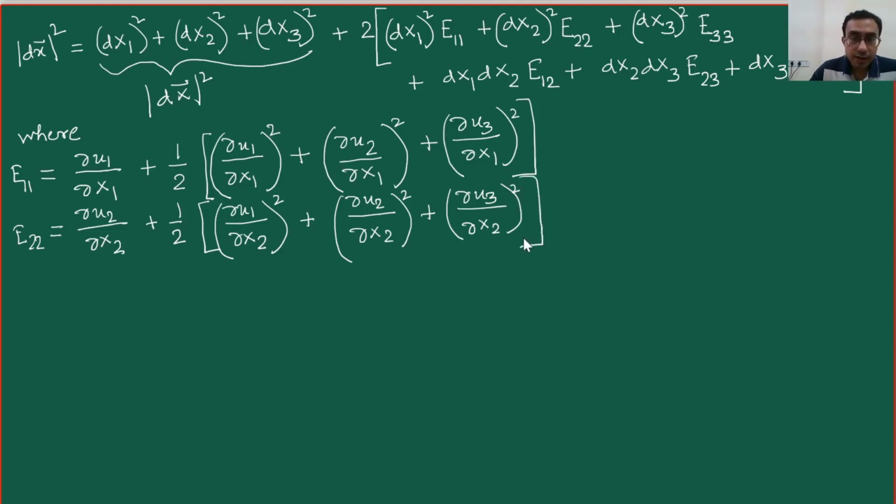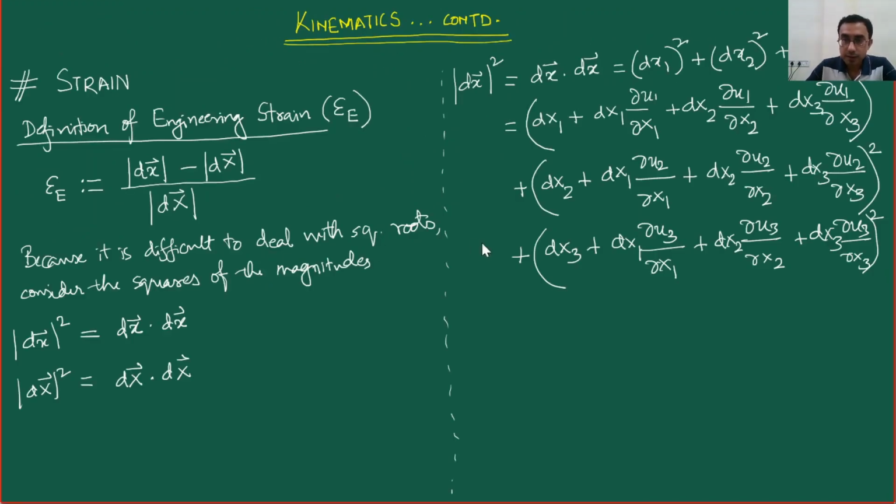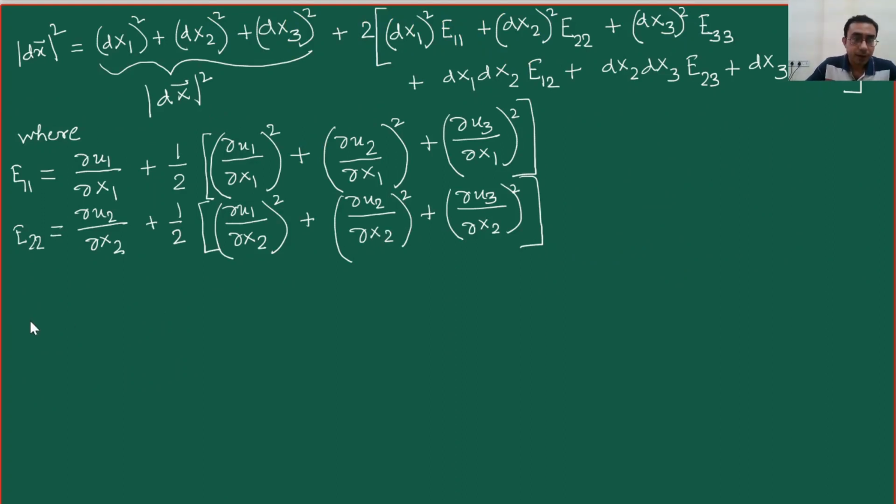So again, I emphasize that it is not by some magic shortcut that I am obtaining these expressions. We have to actually expand this big thing here, all these square terms here, and obtain these expressions. But in the interest of time, I'm not going through all those detailed steps.